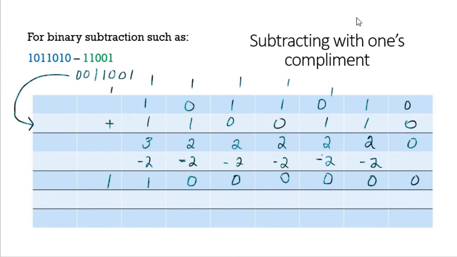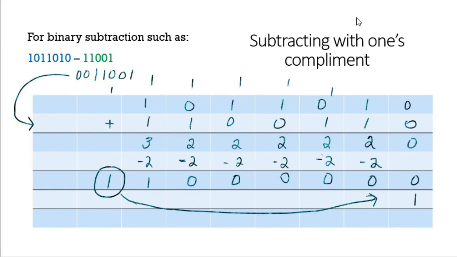Okay, you'll have to trust me on this. Take the leftmost carry and add it to the result. This is the leftmost carry. So we're going to move it to the ones place and add it to the number we just got.